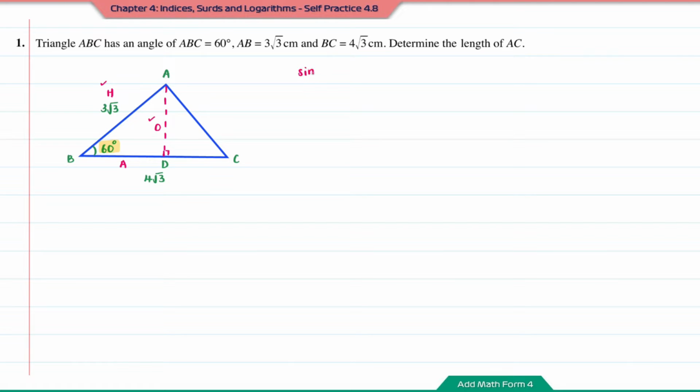So sine 60 degrees equals the opposite side AD over the hypotenuse, which is 3√3. Therefore, AD is equal to sine 60 times 3√3. Sine 60 gives √3 over 2, multiplied by 3√3. Solve this using a calculator, and you'll find the answer is 9 over 2.